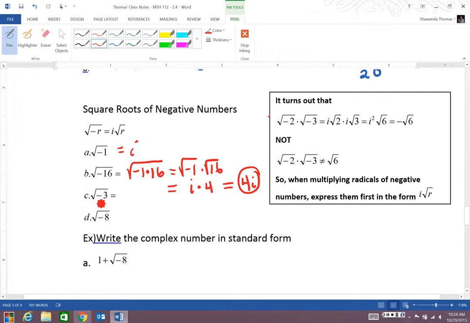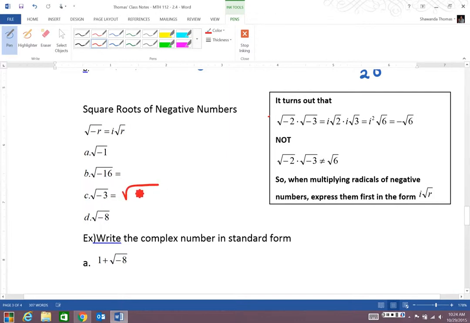Alright, the square root of -3. How can you split up that number? Well, -1 times 3, of course. Then that can split up as the square root of -1 times the square root of 3. This time, 3 is not a perfect square. So we have i times the square root of 3. Or you may see this written as square root of 3 times i.